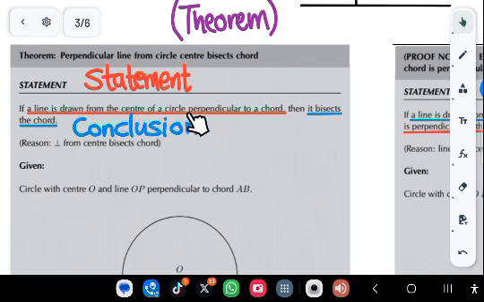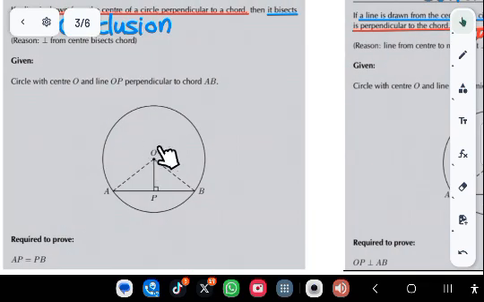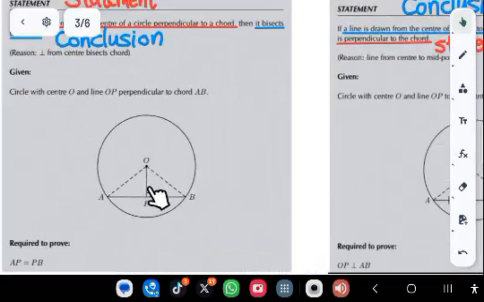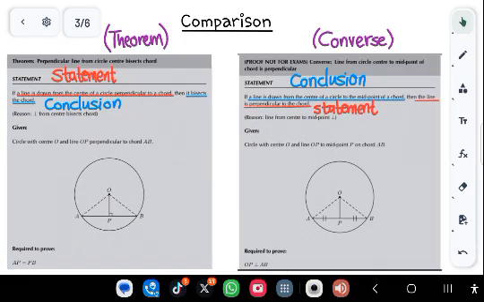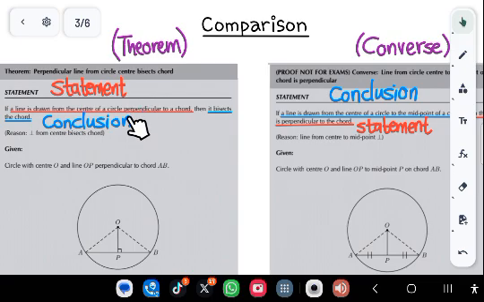If a line is drawn from the center of a circle perpendicular to a chord, then it bisects the chord. So we start with perpendicularity and we need to prove that it bisects the chord. So the conclusion is bisects the chord and the statement is perpendicular drawn from the center.